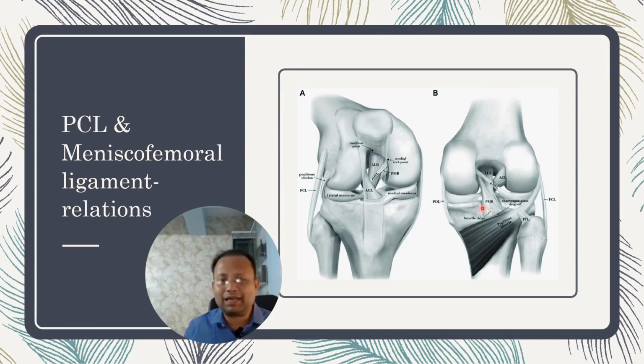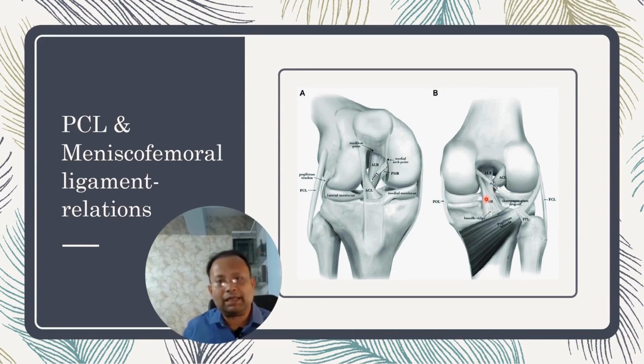But when we are seeing the PCL, it is directed towards the medial side because the posterior cruciate ligament stretches from the medial condyle of the femur to the posterior intercondylar area. So actually this PCL, posterior cruciate ligament, also has two bands of fibers, okay. One is anterolateral and one is posteromedial band, but both are PCL.